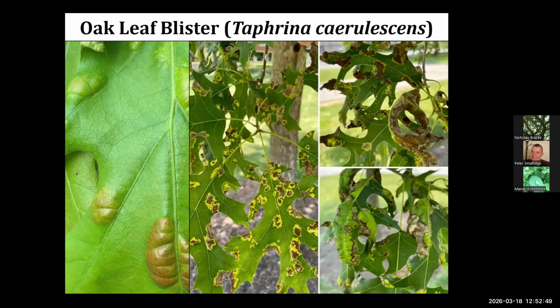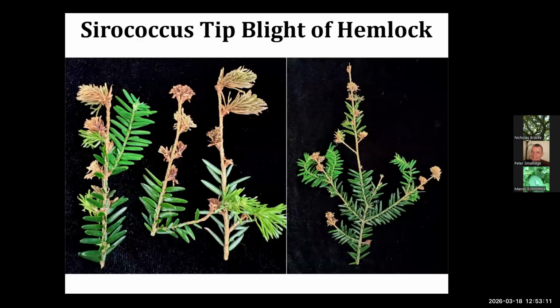Then as the leaves get more fully formed, you see much more distinctive symptoms. So this is something to keep an eye out for. This is a disease that seems to be encroaching up here into the Northeast in greater abundance than it was previously. In the past, if we found oak leaf blister, it was kind of a novelty, and now it's certainly becoming more abundant as a result of our changing climate.